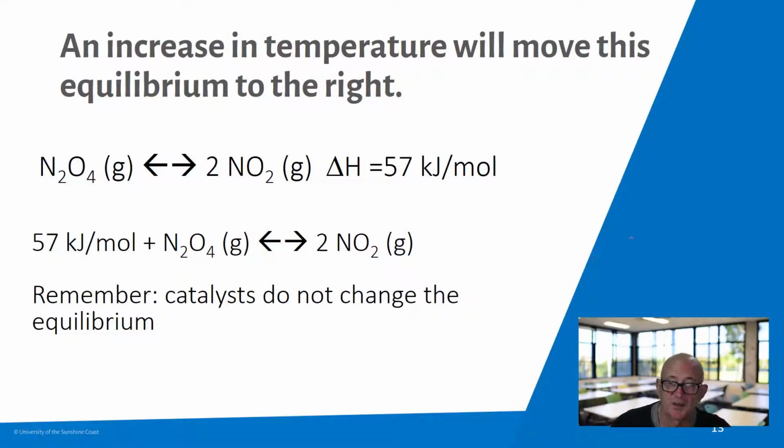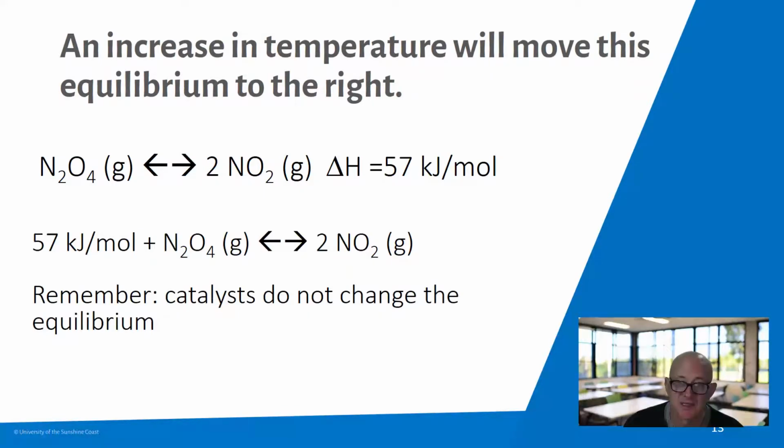So for temperature, how can you use Le Chatelier's principle? In the example I've got here, N2O4 reacts to give 2NO2, and there's a delta H value. Delta H means change in heat; the technical term is enthalpy.